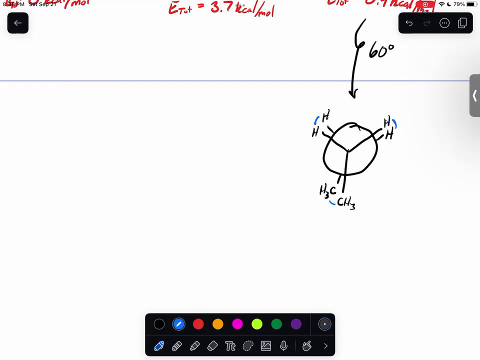We already talked about the hydrogen-hydrogen eclipsed interaction. That comes out to 0.9 kilocalories per mole. And we have two of those, so we should have another 0.9 kilocalories per mole.